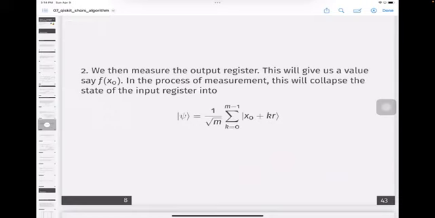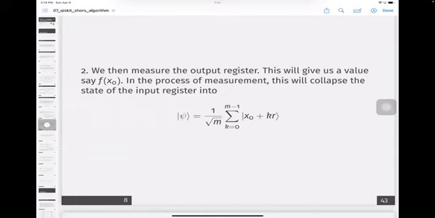When you measure the output register, it will give you a certain number, and it will collapse the input register into a superposition of those states whose modular exponentiation value is equal to the number that we have just measured.